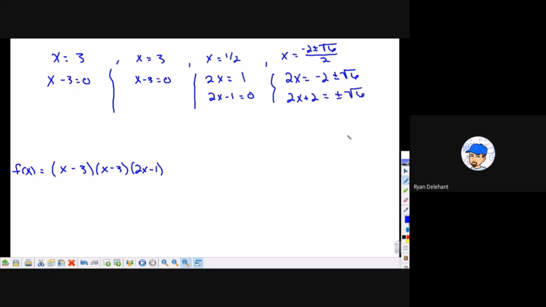Now, this is where it's important to remember, this really means 2 roots. One of them is 2x plus 2 equals the negative square root of 6. The other one is 2x plus 2 equals the positive square root of 6. So we're going to add to get that one over to make it equal to 0. And that means that this is what's in here.